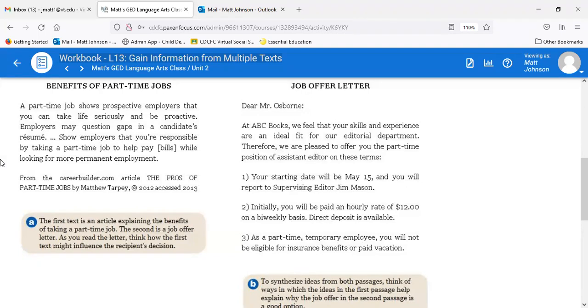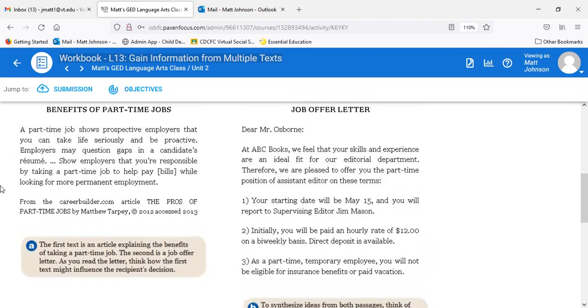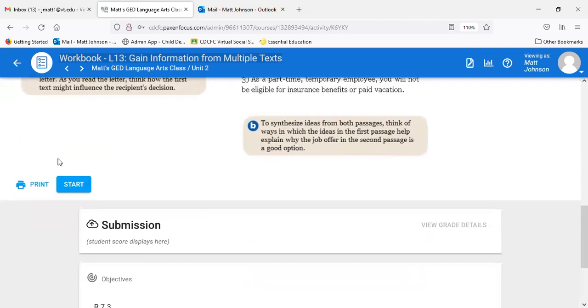And so it says to synthesize ideas from both passages, think of ways in which the idea in the first passage helps explain why the job offer in the second passage is a good option. So, you're offered a part-time job. What's the benefit of that? Well, it prevents a gap in employment. You are making some money while you may find something else. Hopefully, you're working in your field. So things like that.